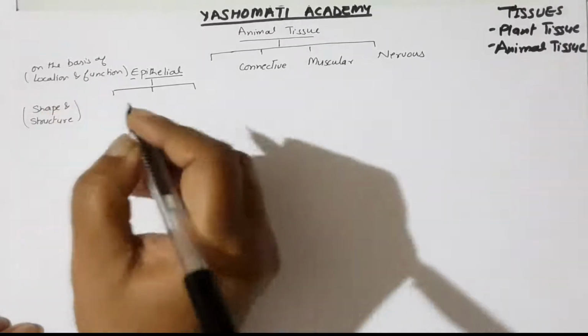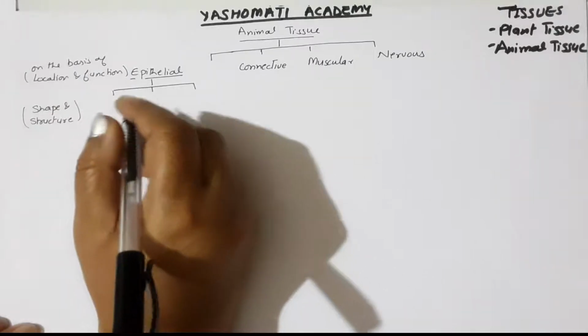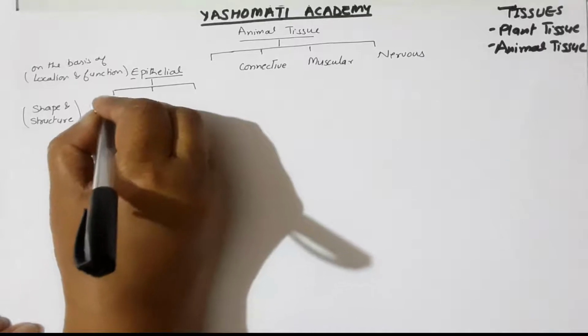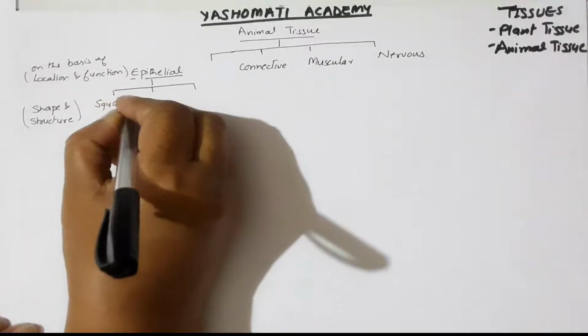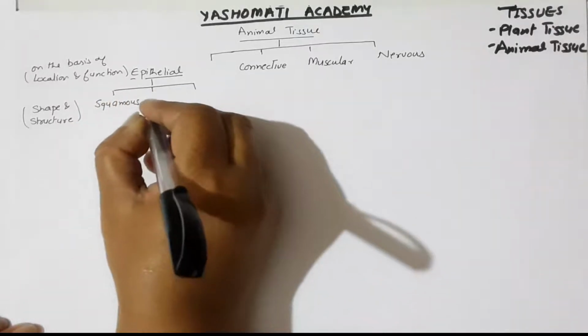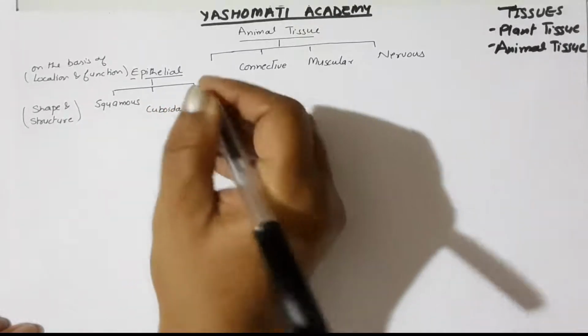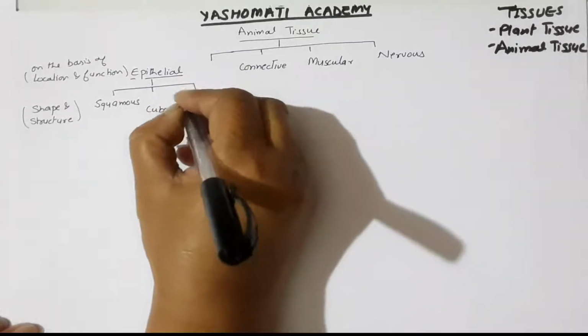On the basis of shape and structure, epithelial tissue is of three types, that is squamous, cuboidal and columnar.